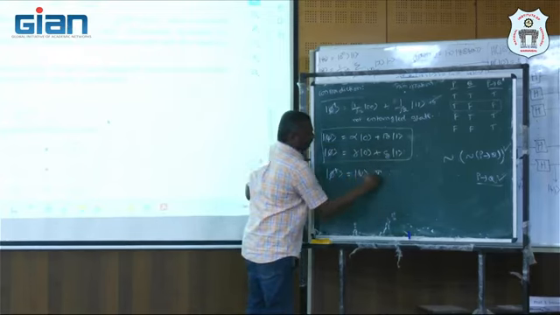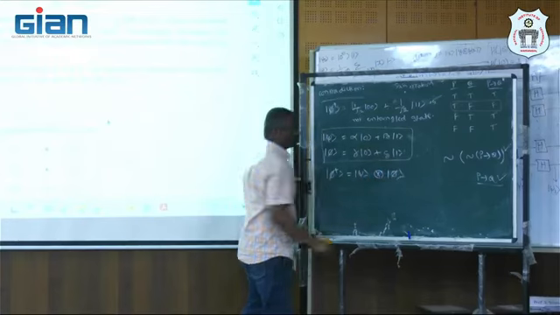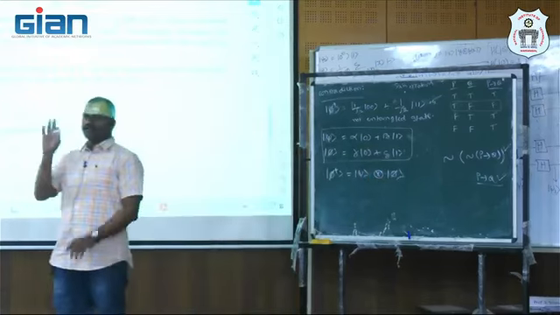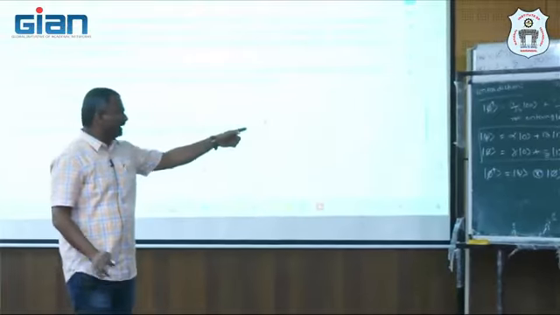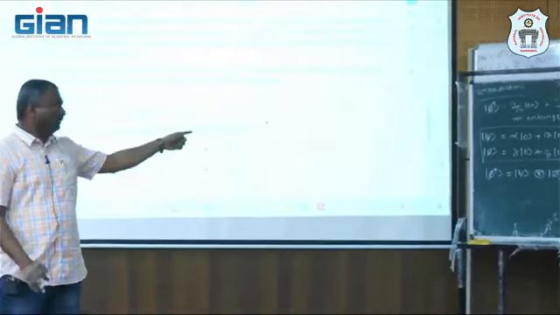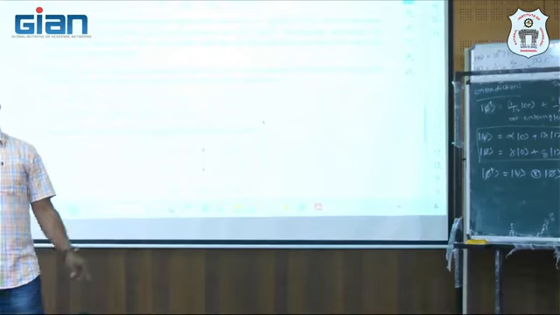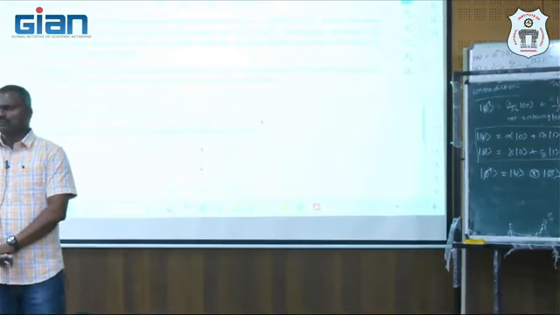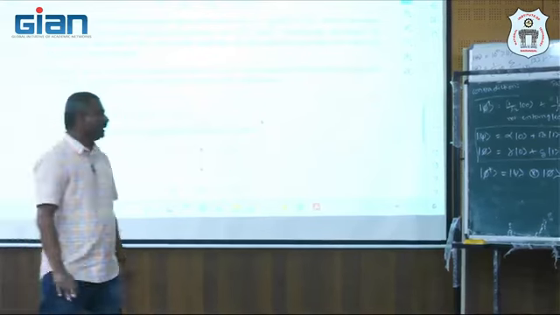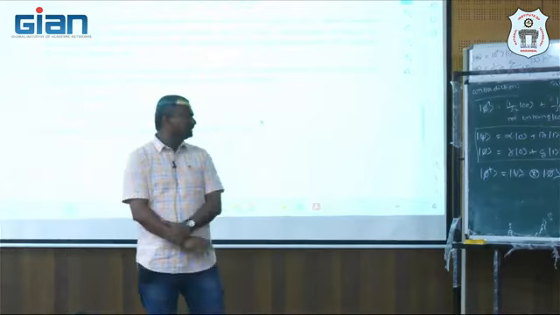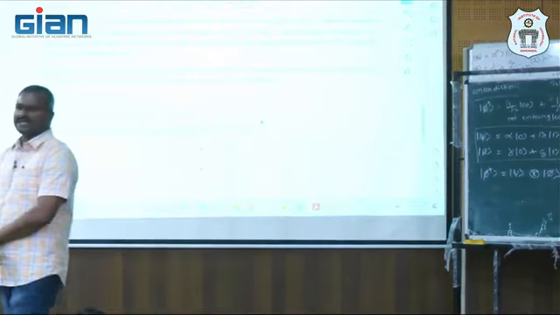If it is not an entangled state, there should exist two states, psi and phi, such that phi plus is the same as the tensor product of the two. Is that okay? Now please calculate ket psi tensor ket phi.